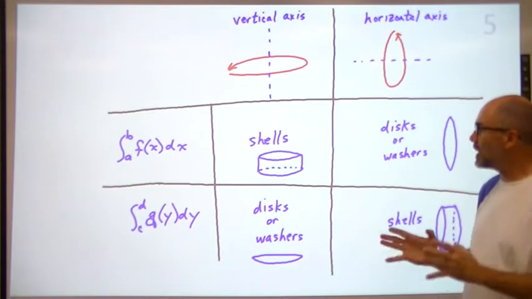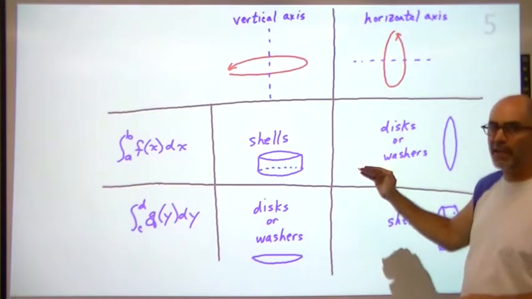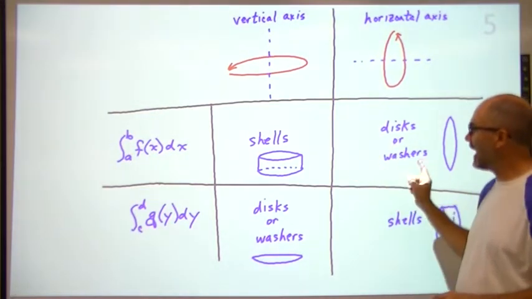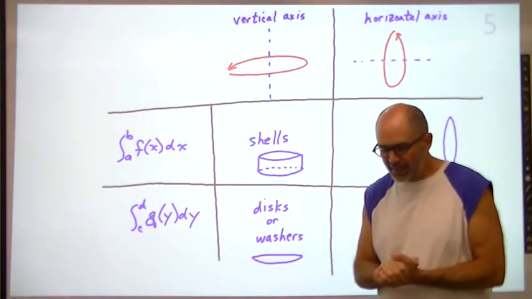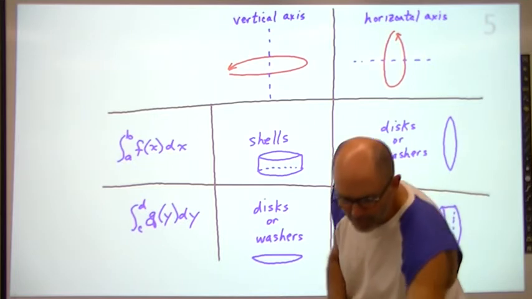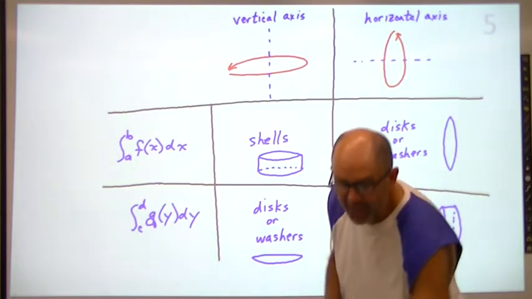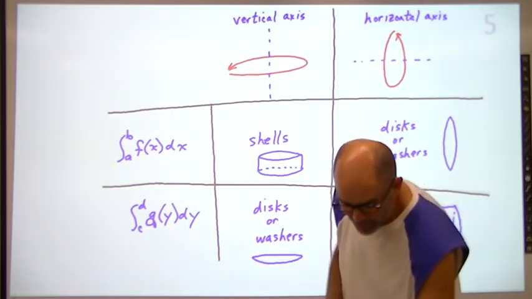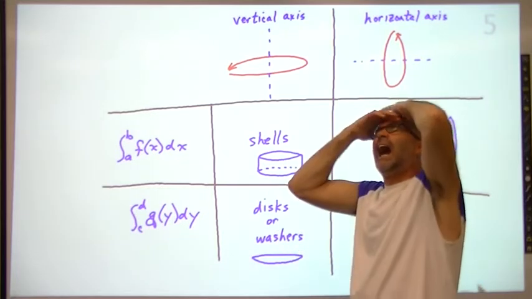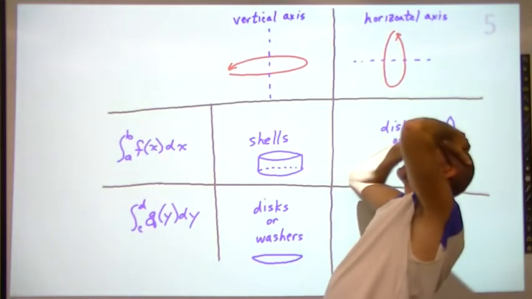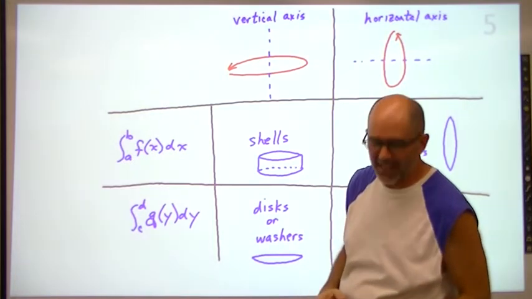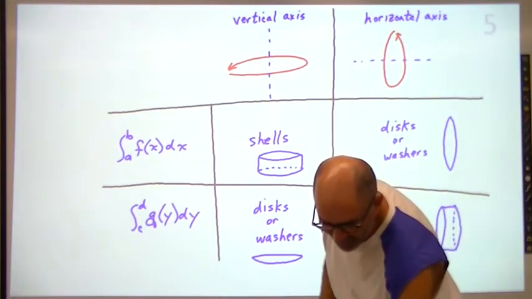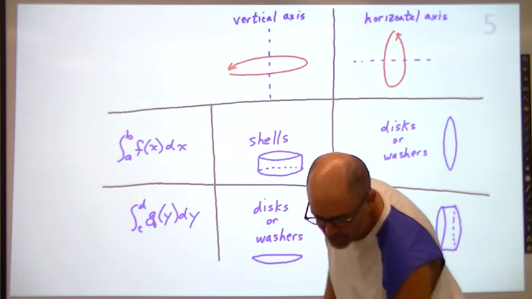But if you can't change the equation, then you better be good at both shells and disks or washers, because you think the AP exam might give you a problem that you can't change the variable? Yes, they will. Definitely. They will definitely give you a problem that you can't change it.